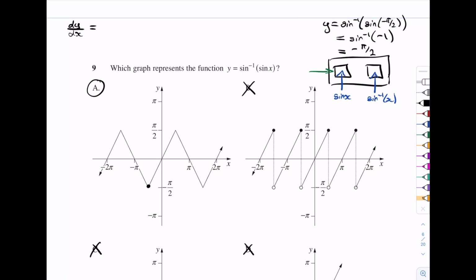So I have 1 over the square root of 1 minus the inside function squared, and then by the chain rule, I multiply by the derivative of the inside function, which is cos x. So I get cos x over the square root of cos squared. It's very tempting now to write square root of cos squared as simply cos, but it's not. It's equal to the absolute value of cos.